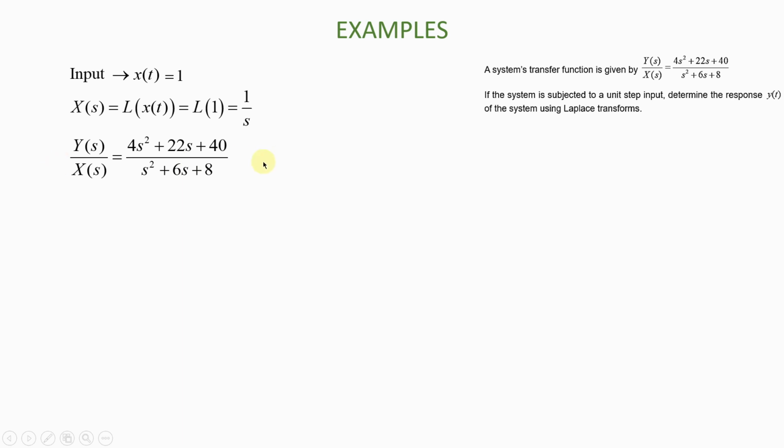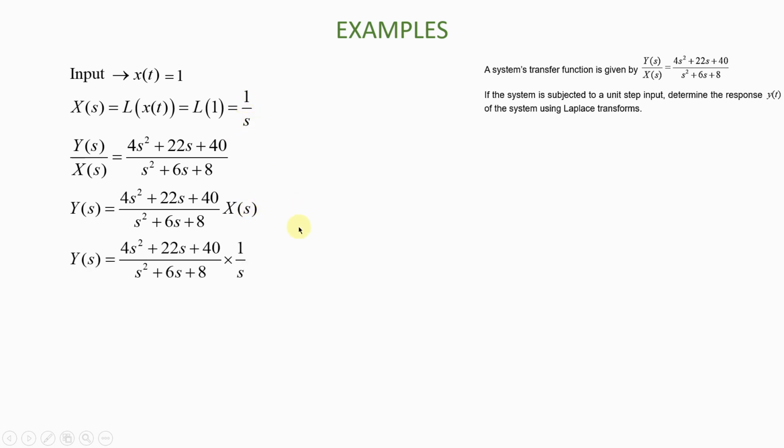So we can rewrite this function like this. We take the xs to this side and replace it by its value, 1 over s. If we do that, this is what we have. And we can go a step further and write it like this, because since we're multiplying by 1 over s, this s might as well come here in the denominator. So this is what ys is.